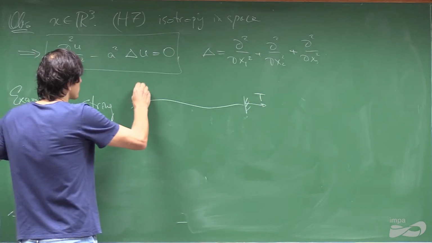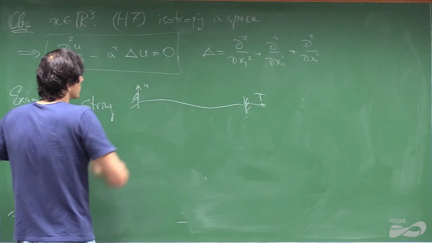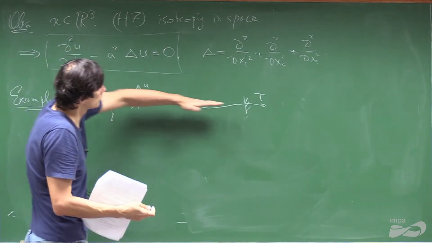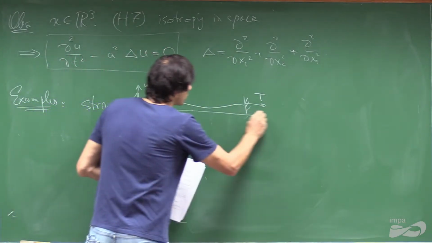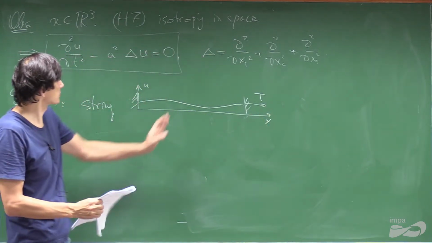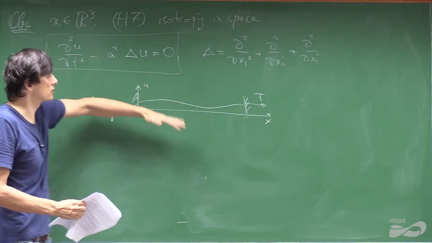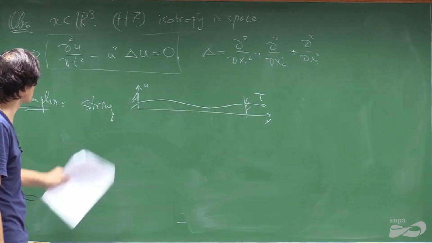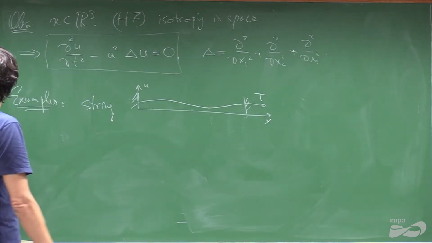The oscillation of the string is defined by the coordinate u, which is the deviation from a straight position at the position x. This oscillation is described by the wave equation.